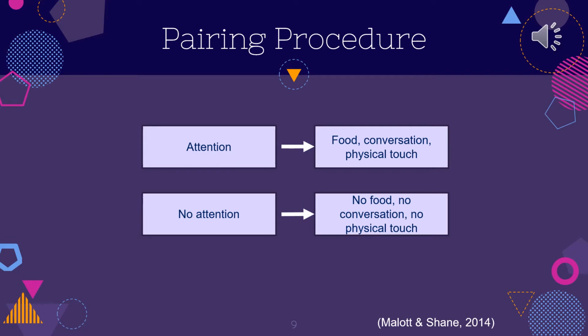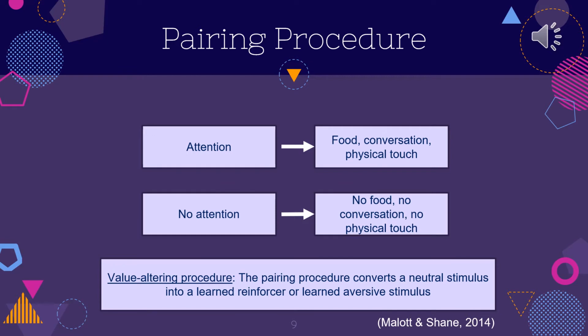Attention was previously a neutral stimulus, meaning it didn't reinforce any response, but because of the repeated pairings with a variety of unlearned reinforcers, it then became a generalized learned reinforcer. The value altering procedure has taken effect. This states that the pairing procedure converts a neutral stimulus into a learned reinforcer or learned aversive stimulus.